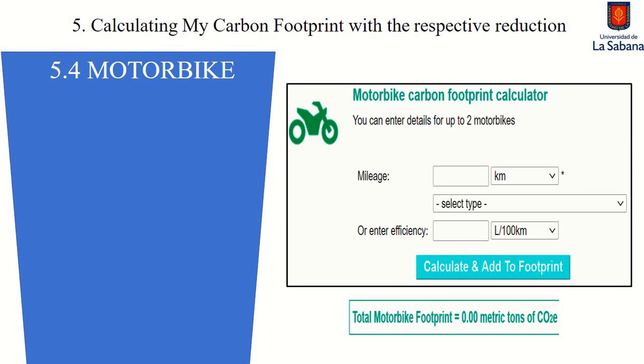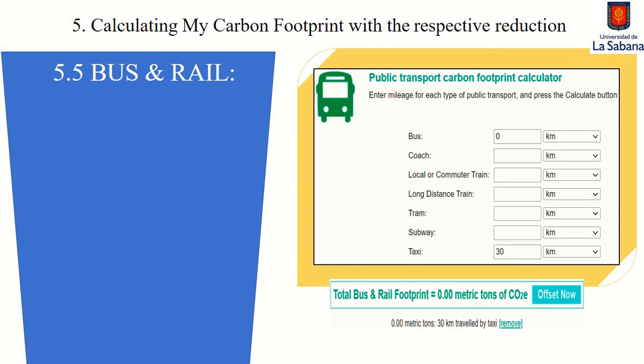The next section, motorbike, is the same. Bus and rail, according to section 4.5 and with the target that I set, the kilometers traveled by bus will be cut to 0, and the kilometers traveled by taxi will be the same. Therefore, the total bus and rail footprint is equal to 0.